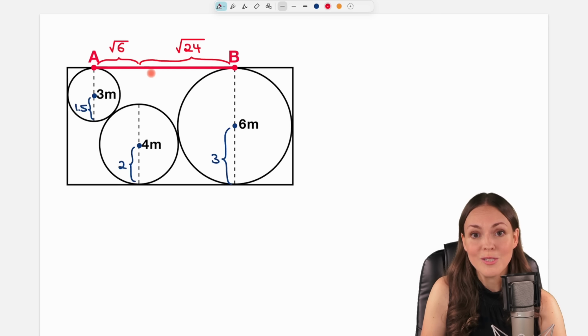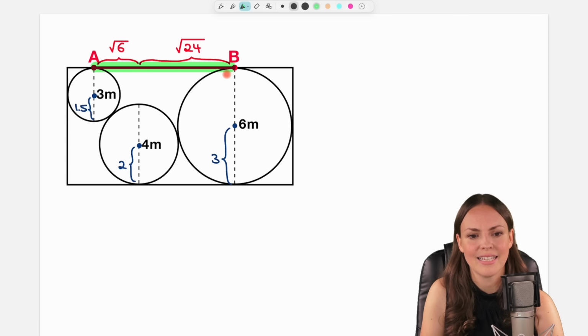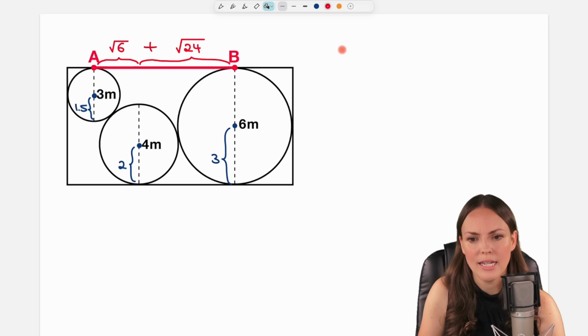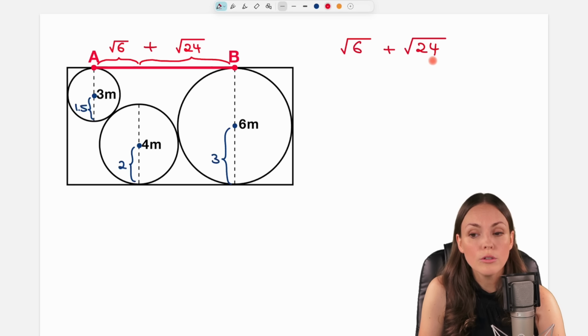And we're almost done. We are interested in this entire length here, so now we only have to add these two square roots. So we take the square root of 6 and add it to the square root of 24. Of course, you could use a calculator and get a decimal number as a result, but I want to find the exact value here first.